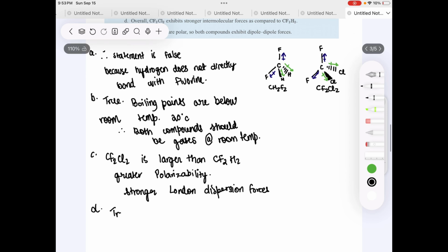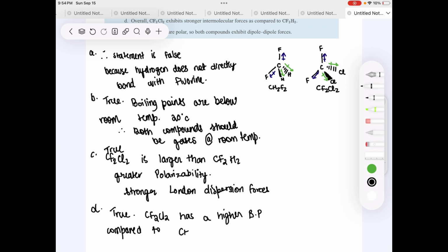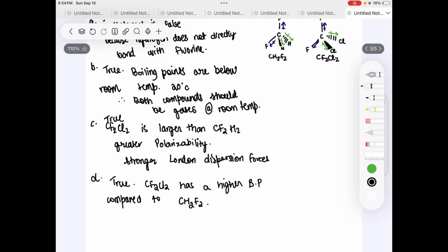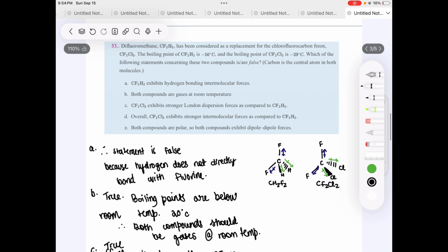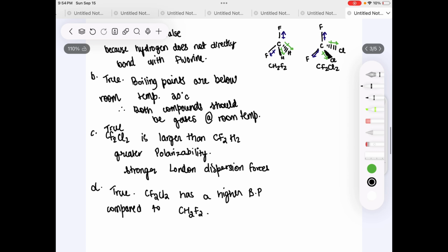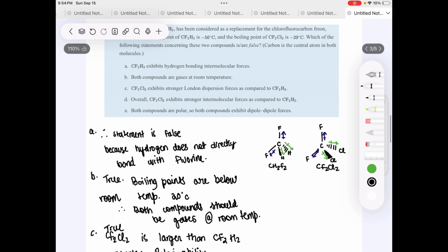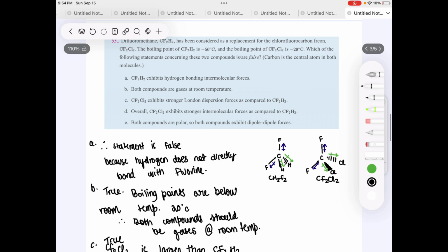This statement is true because CF2Cl2 has a higher boiling point compared to CF2H2.